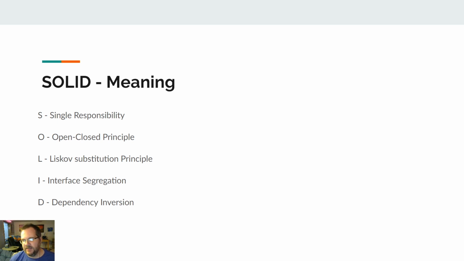Dependency inversion says that this is kind of like the Liskov substitution principle, but it's more focused on how functions work. Dependency inversion says that you should be able to depend only on abstract versions of things and not concrete versions of things.